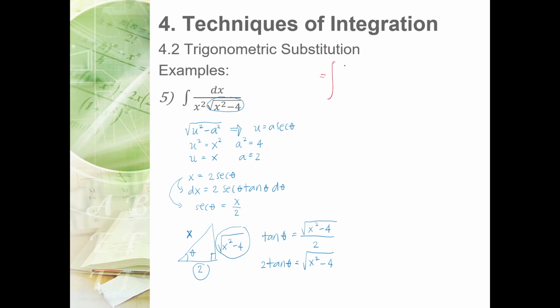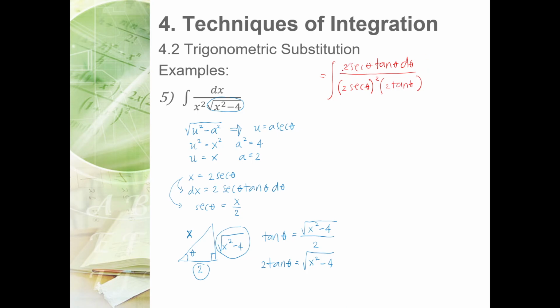Okay, so dx is 2 secant theta tangent theta d theta, over x squared, that's 2 secant theta squared, and then the radical expression is 2 tangent theta.